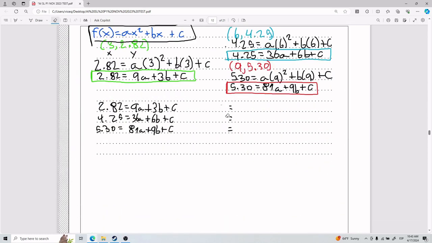Now, from here, technically, if I get very mathy and fancy with you, this is a system of equations. When you have a system of equations, you have to play around with them to get a, b, and c. Now, you have 2 main tools, you guys.